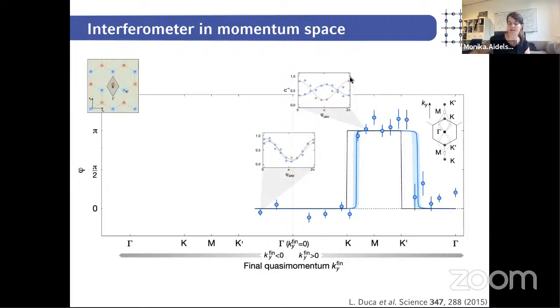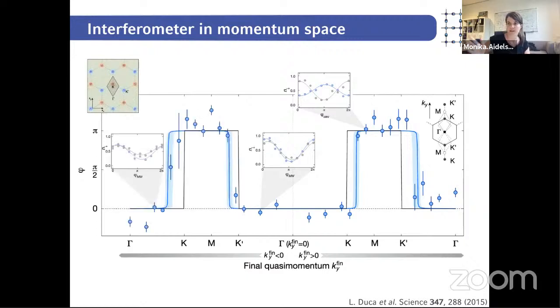In the reference sequence, the interferometer is opened and then closed again, but without the pi pulse. So, strictly speaking, this does not enclose any area. For the same length of interferometry sequence, if you apply the spin echo pulse, you actually open up the whole area of the interferometer and get the blue data points. The relative phase between the two gives you the geometric phase.